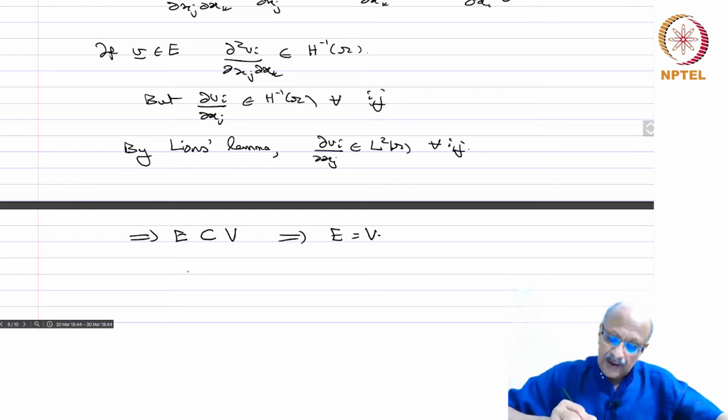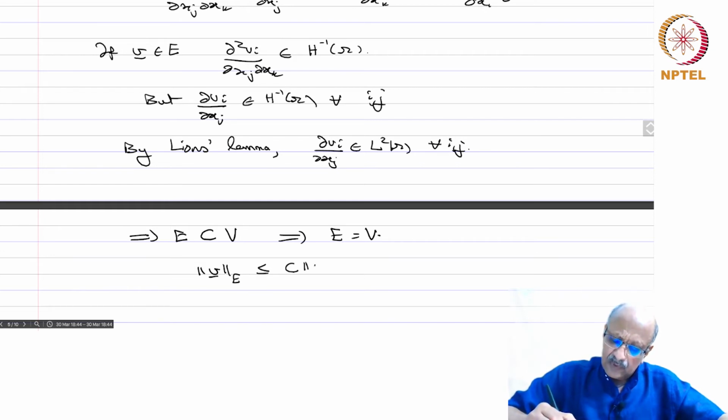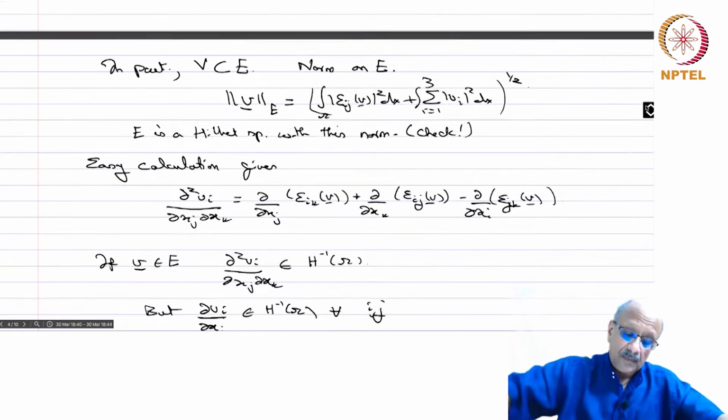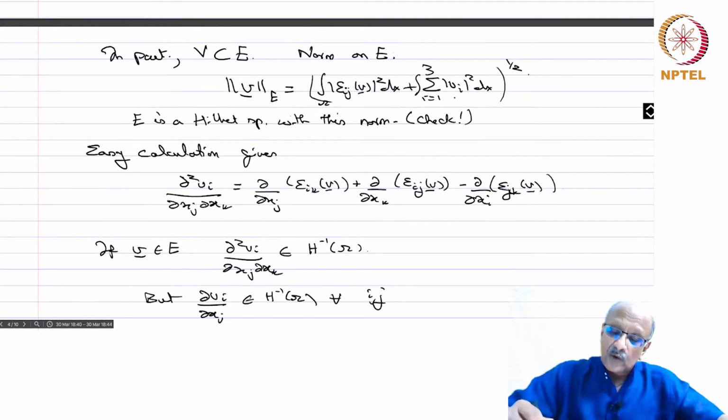Now we know that norm v in E is clearly less than or equal to C times norm v in V by the definition. What is norm v in E? It is the L2 norm of the vi's and epsilon ij of v.